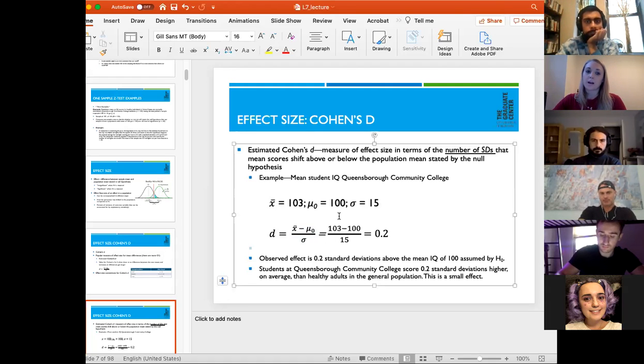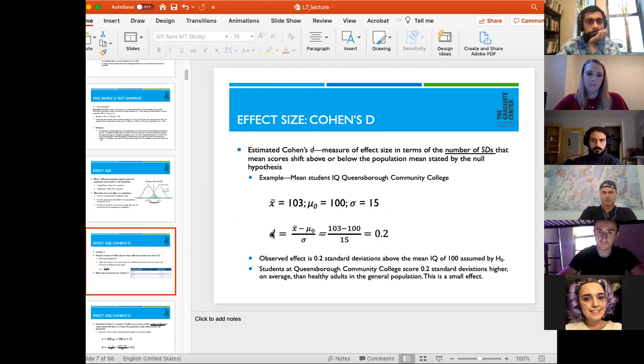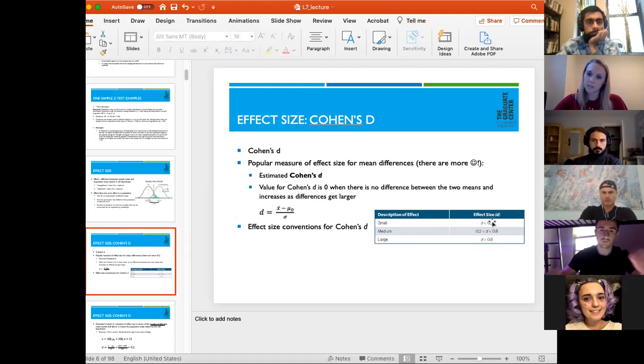All right, so if we applied this to our example here, where we had a sample mean of 103 and a population mean of 100, we would say 103 minus 100, and our population standard deviation was 15. So our effect size was 0.2, which by our chart here is on the border between small and medium.